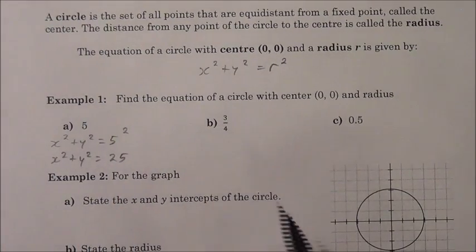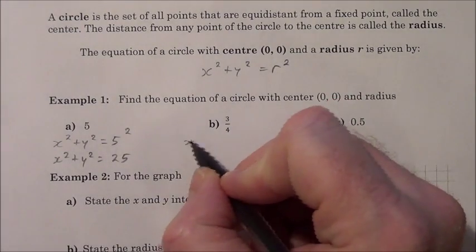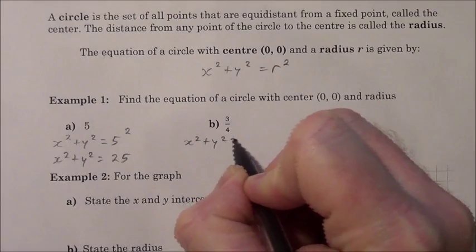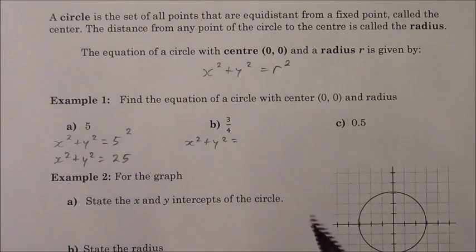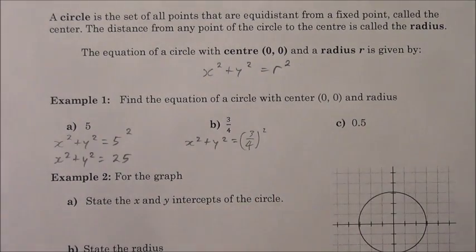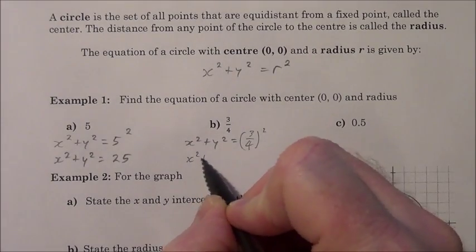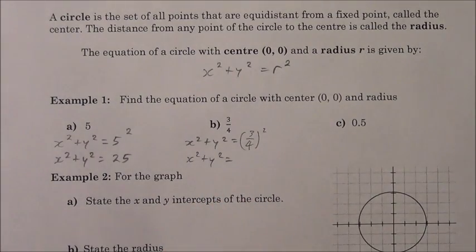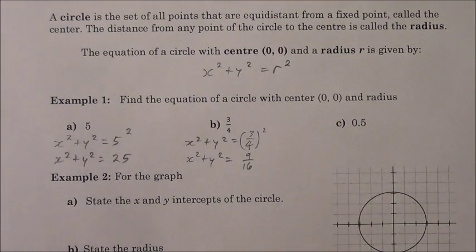If we go to part B, again, same formula. X squared plus y squared equals radius squared. Well, the radius is 3/4. We put that in for the r, we substitute 3/4 squared, and then we simplify, so we get x squared plus y squared equals 9/16.